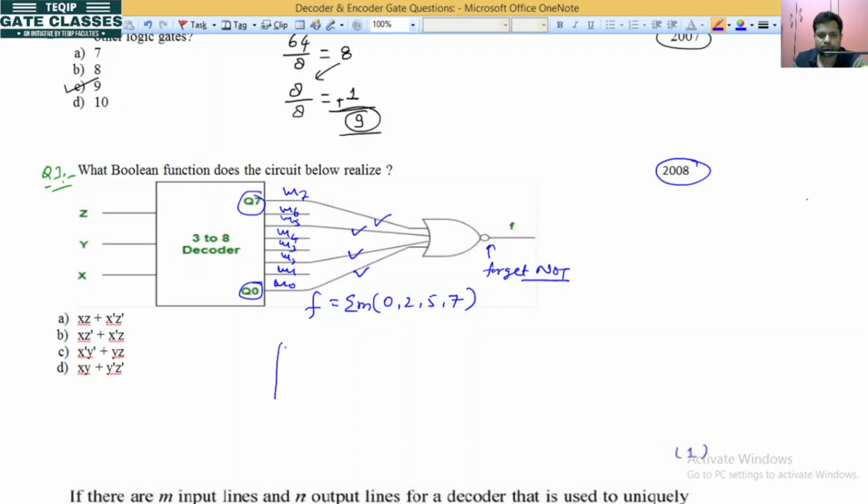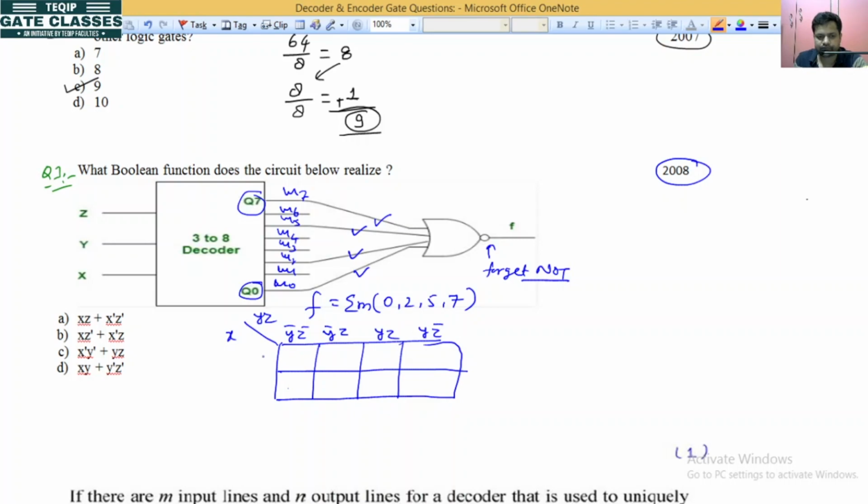So we have a 3 input K-map, here we have a 3 input K-map, with x y z. The columns will be y bar z bar, y bar z, y z, y z bar. This one will be x bar, x. So it is 0 1 2 3 4 5 6 7.